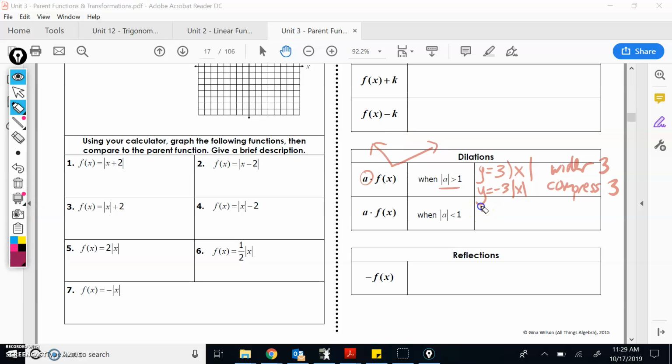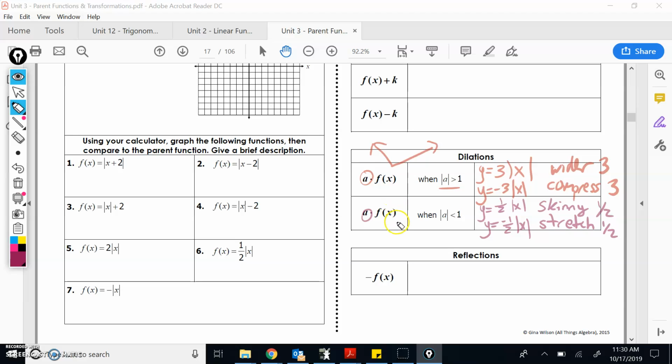Next one, if the a value in front is less than 1, so like 1/2 absolute value of x, or let's say negative 1/2 absolute value of x, that's going to make it skinnier or more narrow. Another word is stretch. And you're going to say by a scale factor of 1/2.